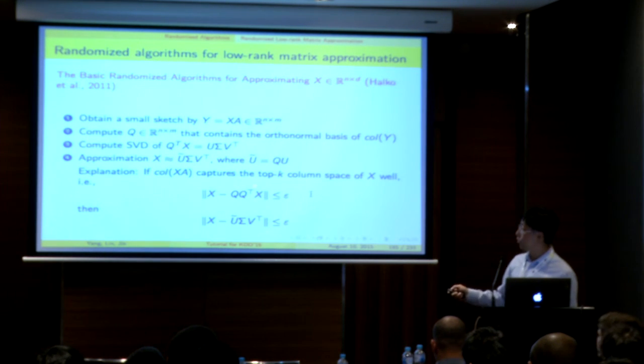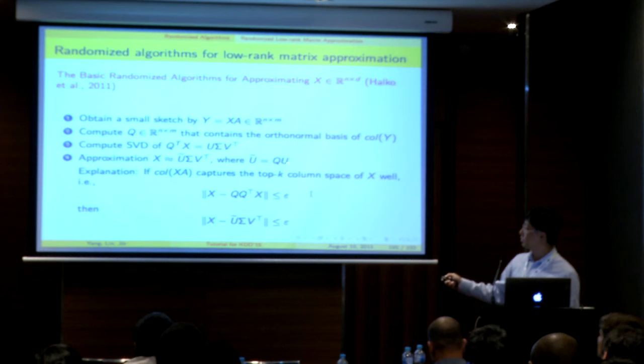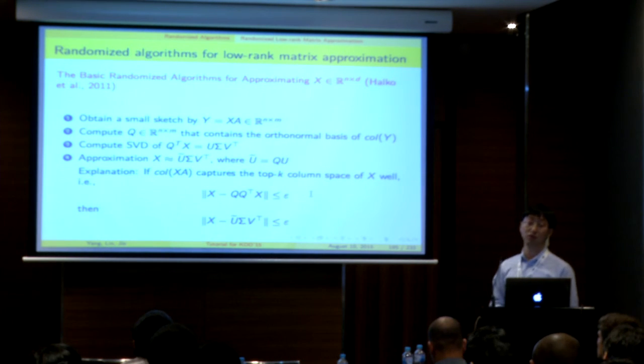Then this step computes the singular value decomposition, and we form the U tilde, which is Q times U, and we guarantee this approximation error is also very small.